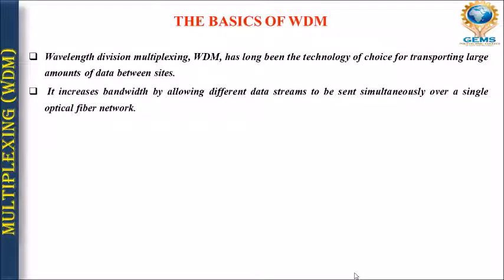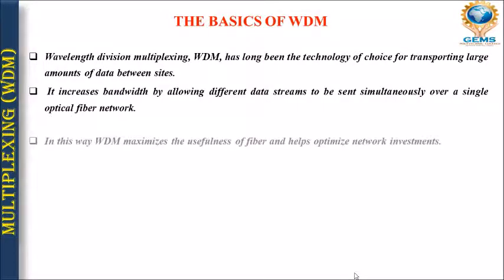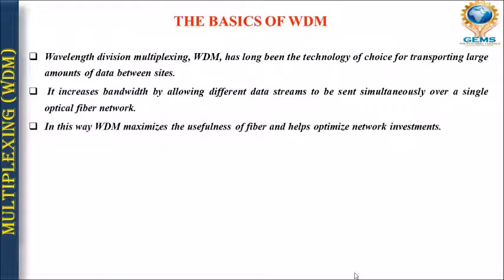It increases the bandwidth by allowing different data streams to be sent simultaneously over a single optical fiber network. In WDM, the channel we are using is an optical fiber network, and several data streams with different bandwidths are transmitted over a single optical fiber. WDM is basically used for maximizing the usefulness of the fiber.